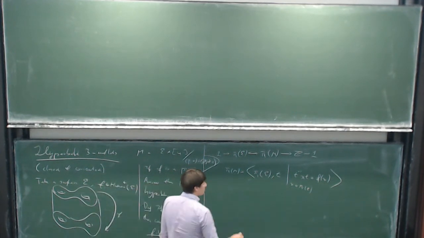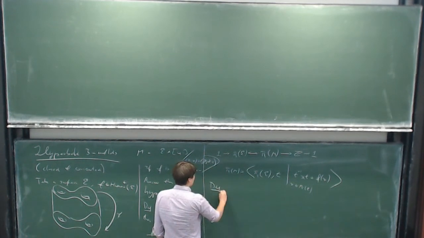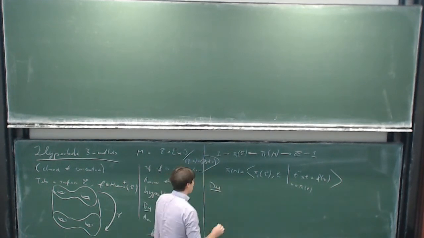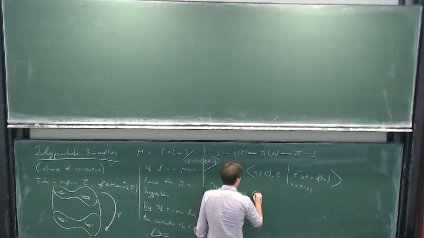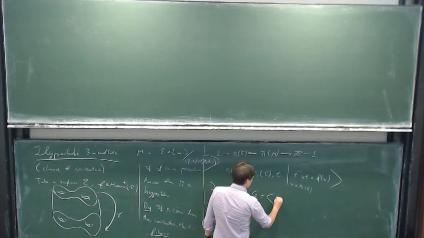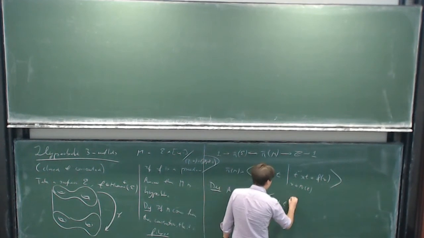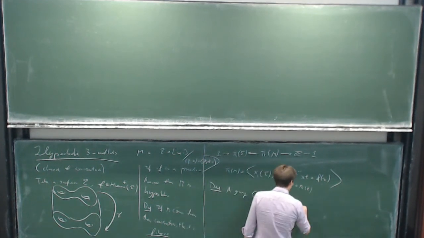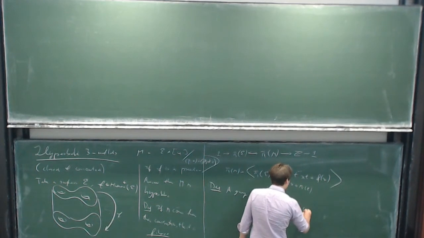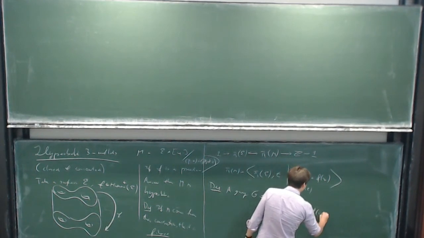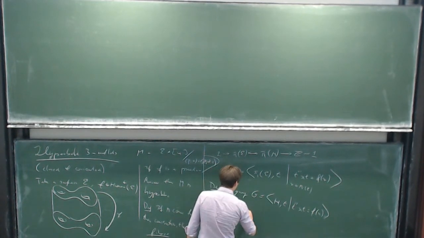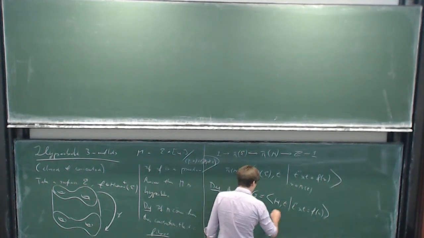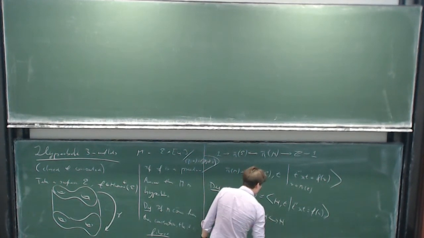Now I want to introduce the concept of an ascending HNN extension. A group G, which we can write as a subgroup H, a stable letter t, with x t inverse t equals f of x, where H is a subgroup and F is a monomorphism from H to itself.